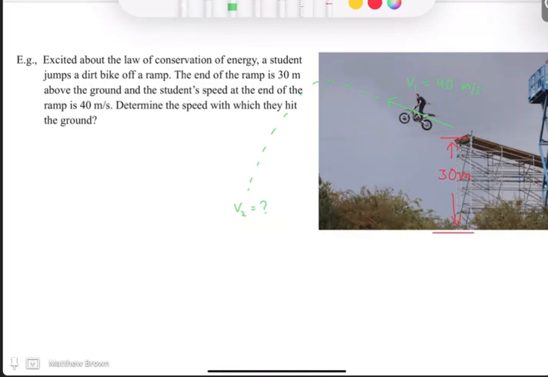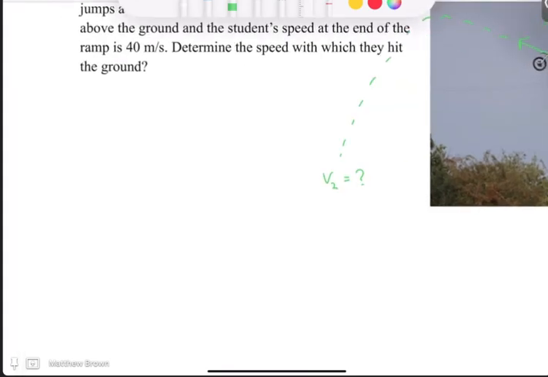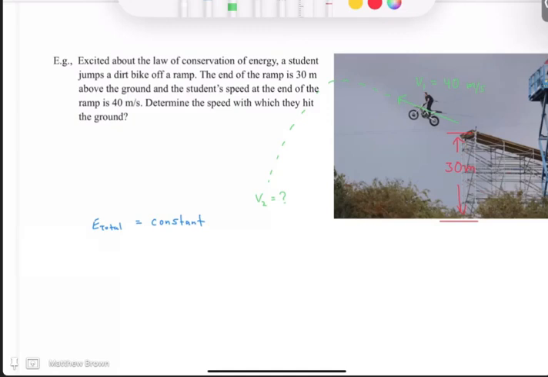So the real key here is that energy equals constant. E total equals constant. It doesn't change. Now I would define at this point here, when it hits the ground, we'll say H equals 0.